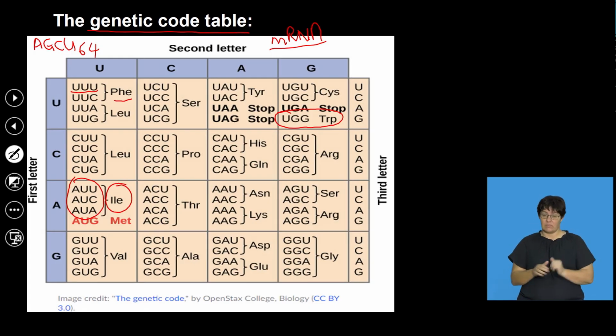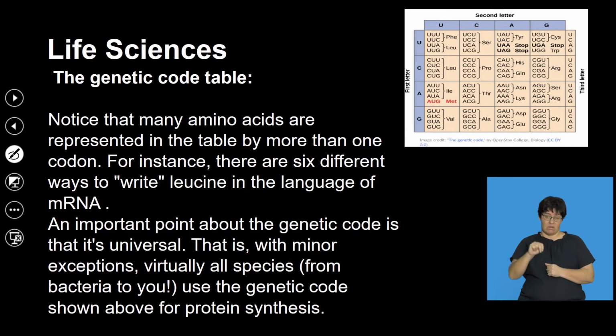What is important for you to be able to do is be able to read the amino acid codon table. What do I mean by that? So let's try and understand that. So we've noticed that there are many amino acids that are present on this table.